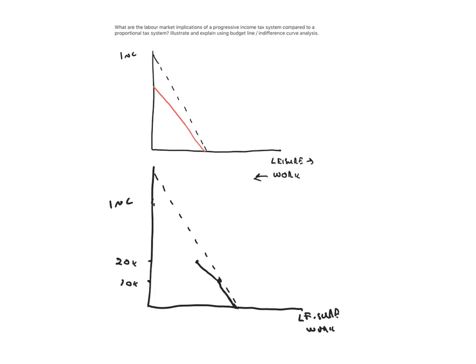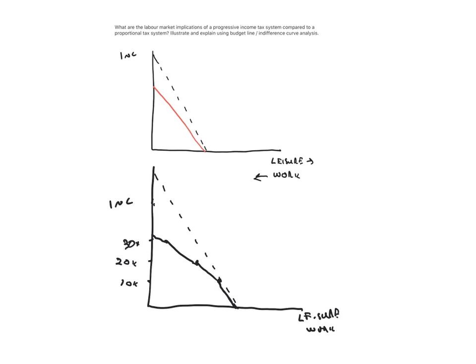And so now we're moving in, and then let's say up to 30K, we're taxed at an even higher percent, and anything above 30K, we're taxed at an even higher percent.